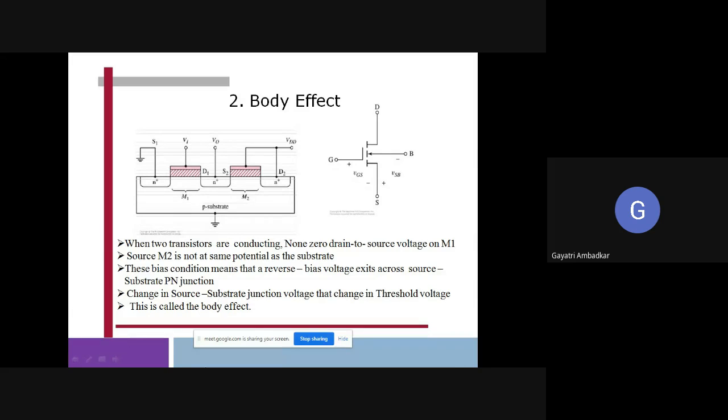Yes, it is there in front of you. Do you remember body effect? Please unmute. Students, please unmute yourself. What is body effect? The picture is there in front of you. Don't you remember the body effect?